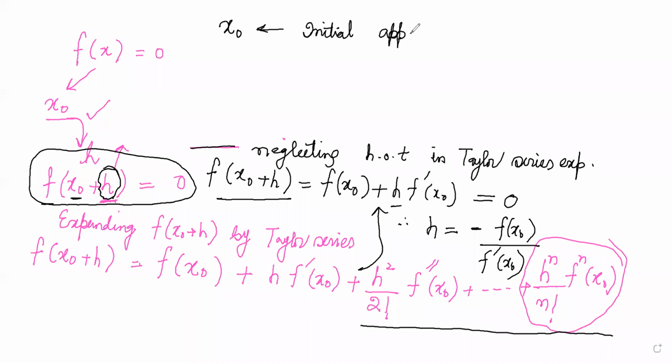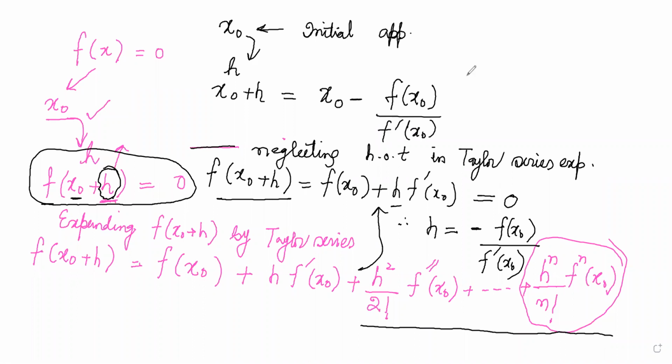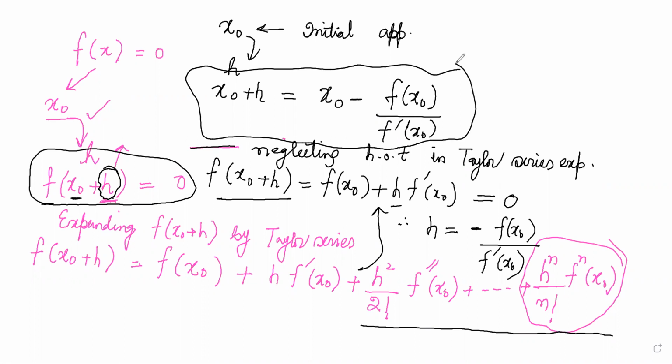As we went ahead, we said we have to add some correction, that is h, to make x naught plus h our solution. So that becomes x naught minus f of x naught divided by f prime x naught, as h is equal to minus f of x naught divided by f prime x naught. This is what we had obtained using the geometrical derivation as well.